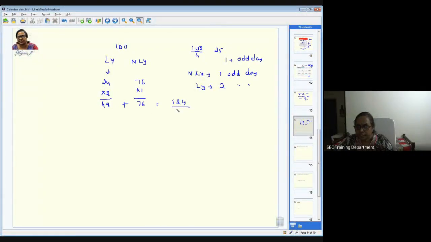Then when you divide this by 7, what is the balance you get? 7 goes, balance 54. 54 again, 49 goes, balance is 5. So in 100 years, you will have 5 odd days.